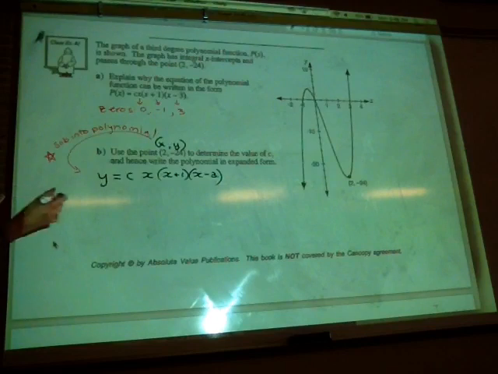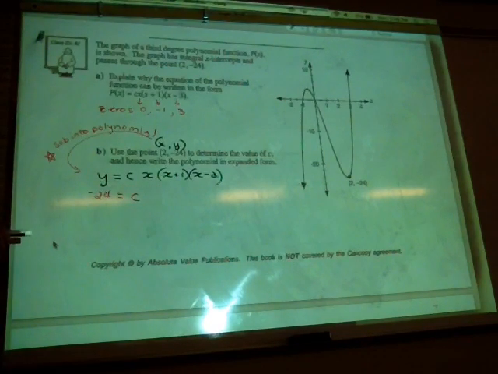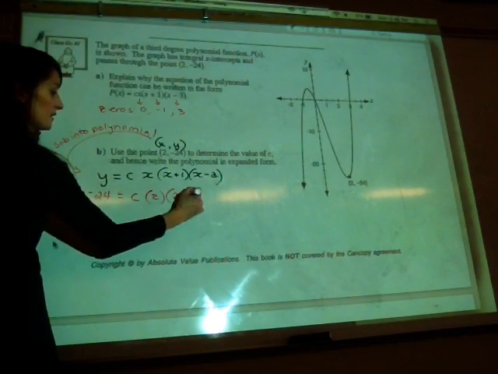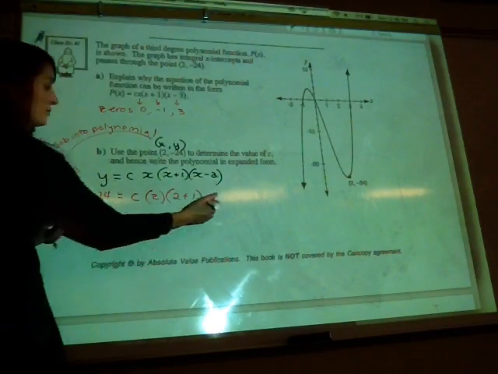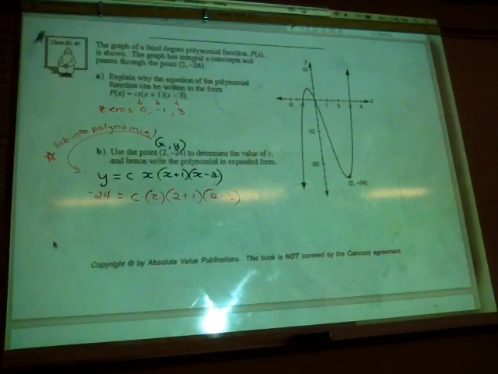So our y is negative 24. c will stay as c, that's what we're going to be solving for. And our x is 2. So for every x, sub in a 2. And our goal is just to evaluate and solve for c.